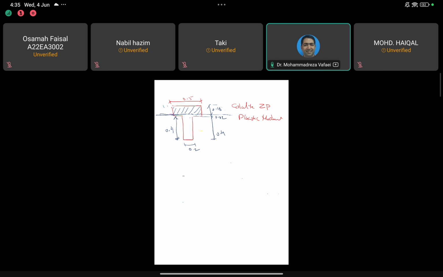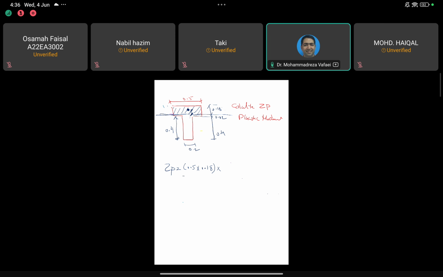Then the second step is to calculate the moment of area. So right now, if you want to calculate the P, you need to calculate the areas and multiply by the distance that the centroid of each one of them has from the line of equal area. So the area above the line, we have only one area, which is 0.5 multiplied by 0.18. This is the area.